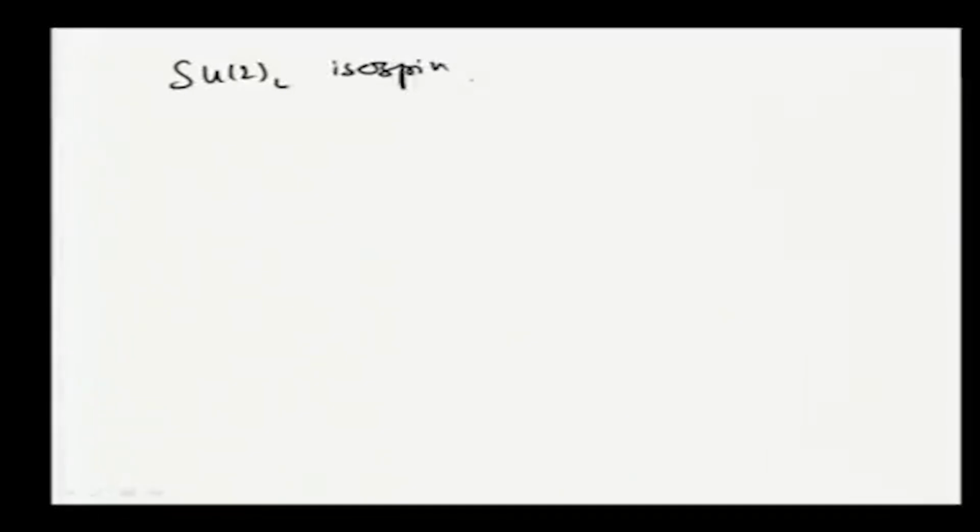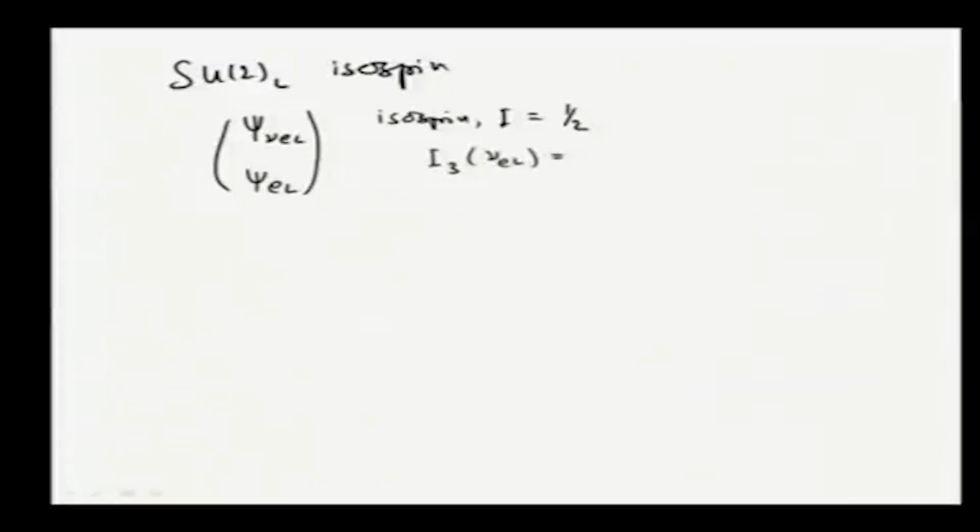So, under isospin we can categorize these fields, and we just now mentioned that the fields corresponding to nu e L and e L transform as a doublet, which means the isospin of this, let me denote by I, is equal to 1/2, and the third component of nu e L is equal to plus half, and that of the electron is minus half.